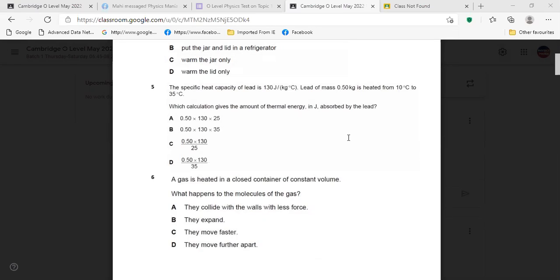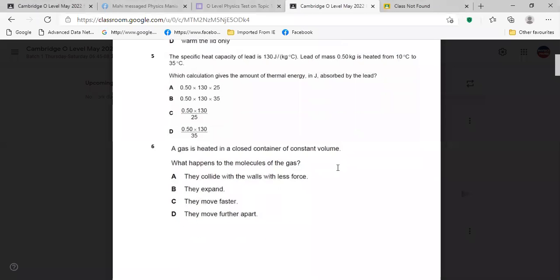So del theta is the temperature change, and 35 minus 10 degrees Celsius makes 25. Got it, Mahi? Yes, sir. So everyone got it? The answer will be A here. It is the application of the formula you just learned. We can have another discussion.